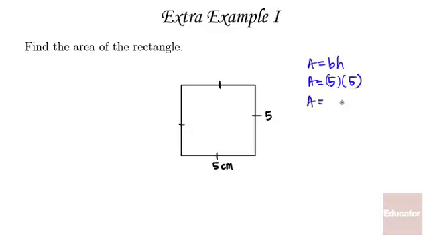We know that's 25. And then units: centimeters. For area, because we're looking at how much space it covers, it's centimeters squared, because we're looking at base and height, two dimensions. So the area of this is 25 centimeters squared.